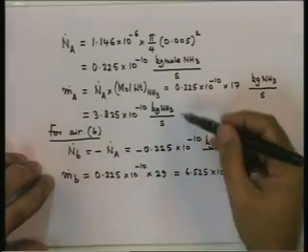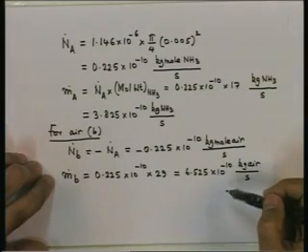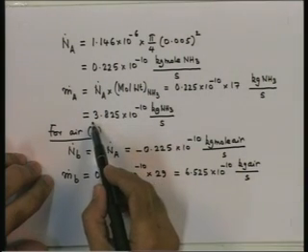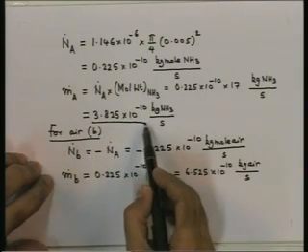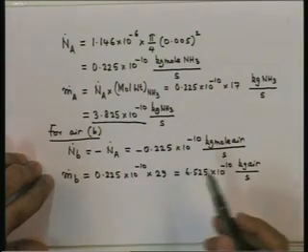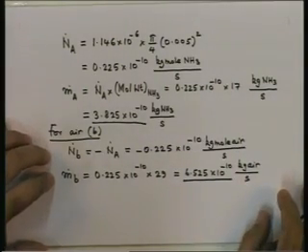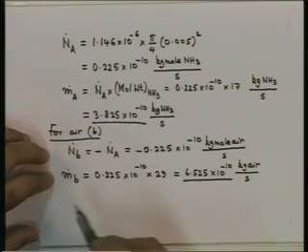After having obtained these two numbers, we should appreciate the magnitude of the two. Notice 3.8 into 10 raised to minus 10 kg per second of ammonia and 6.5 into 10 raised to minus 10 kg per second of air. The diffusion rates or the leak rates are pretty small.